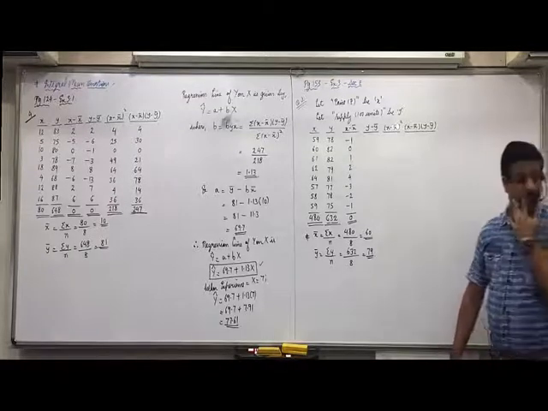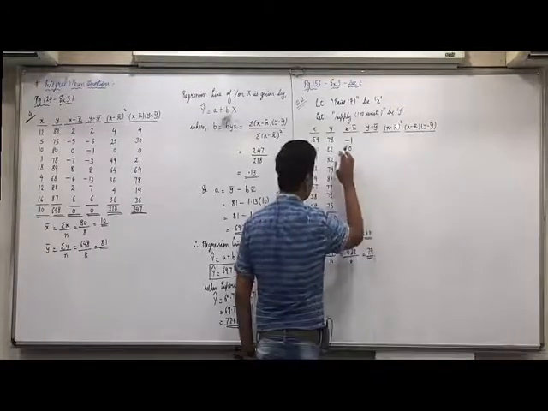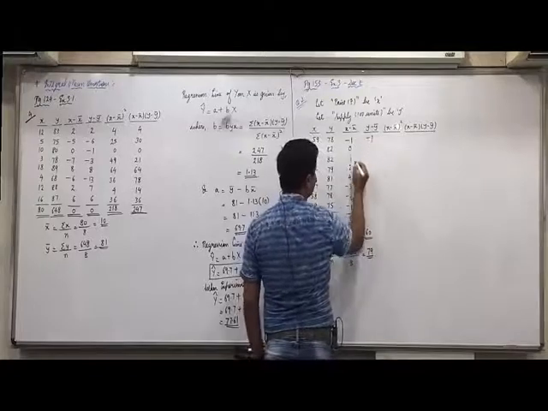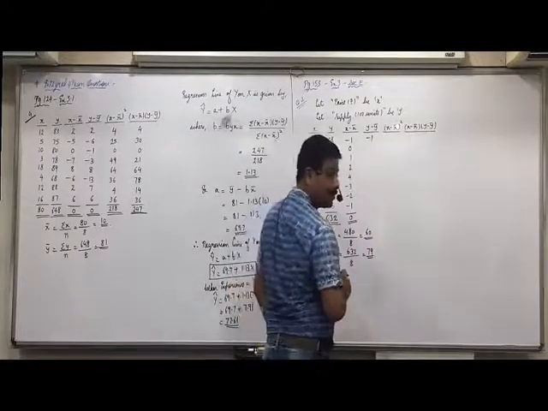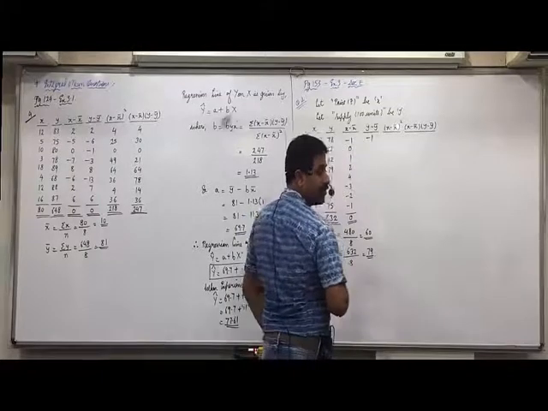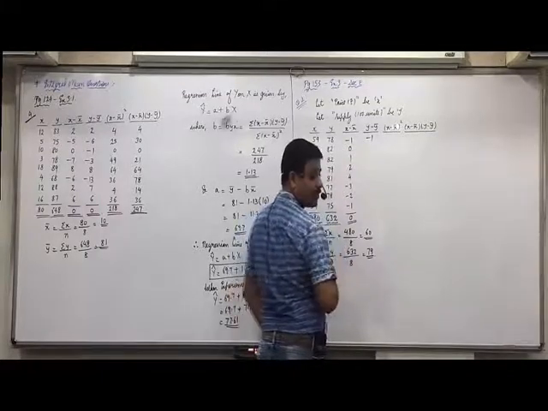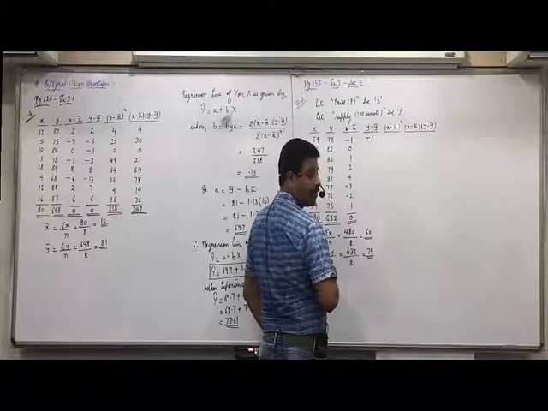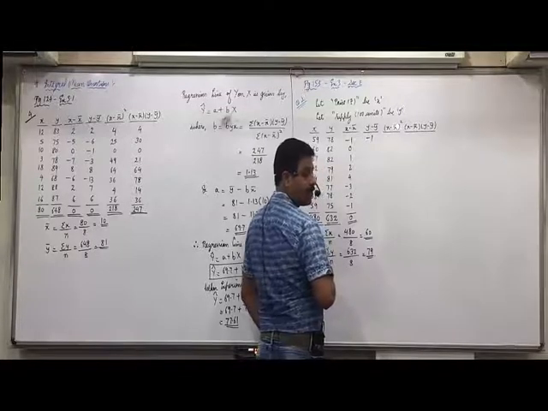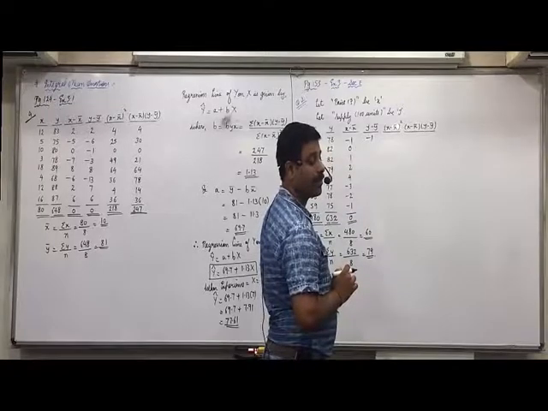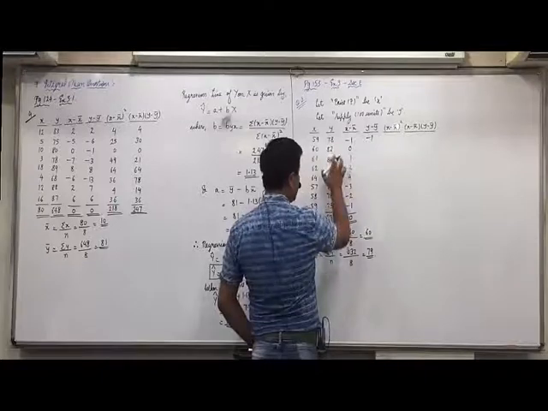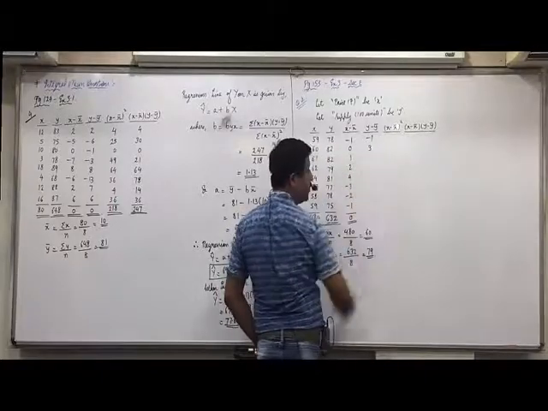Then Y minus Y bar. Minus 1, 78 minus 79. Plus 3, 82 minus 79 is plus 3.